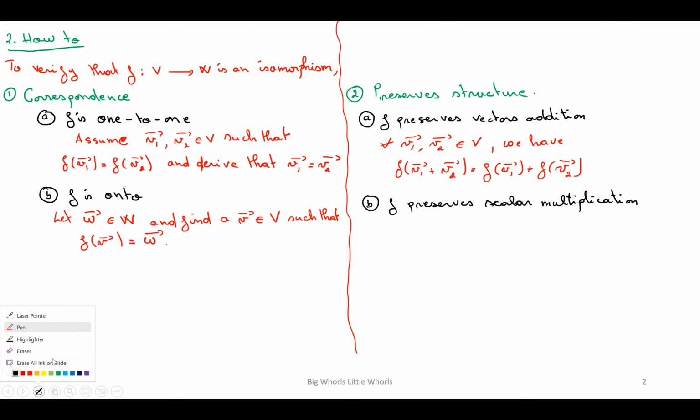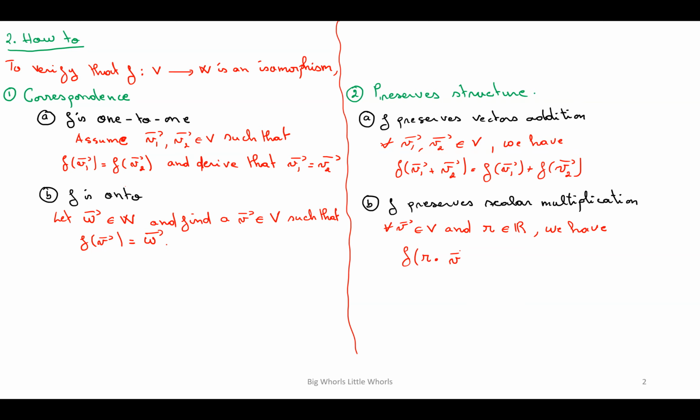So here we need to say that for all V from the domain space, and for any scalar R, which is a real number, we have F of R dot V equals R scalar multiplied by F of V. Okay, that's how we prove scalar multiplication.